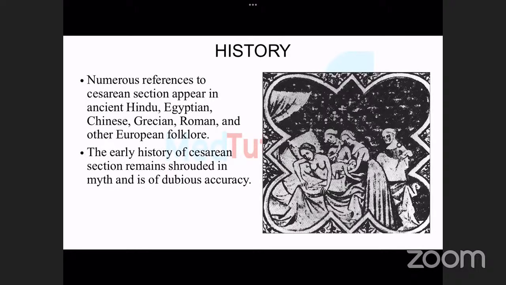The early history of cesarean section remains shrouded in myth and mystery, and of course, it's of dubious accuracy, because remember, history is written by the victor. Civilizations have evolved through conquest, and therefore the victor at every war of civilizations is the one who determines the history. So history itself is dubious. Next slide.